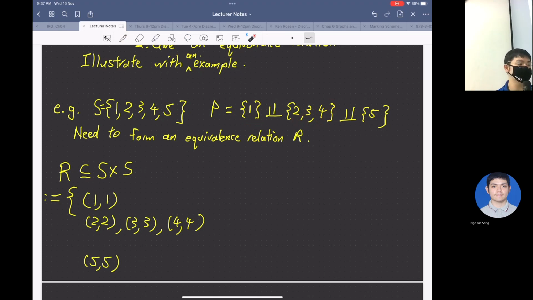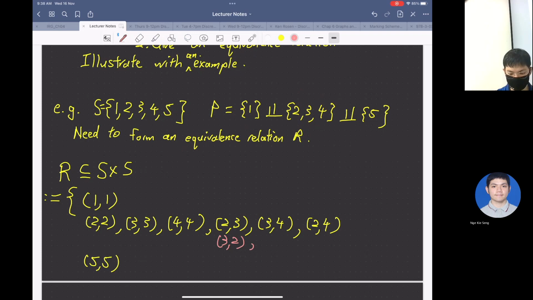The next one is symmetry. In this set where we put 2, 3, 4, that means 2 is related to 3, 3 is related to 4, and 2 is related to 4, right? But if (2,3) is in the set, (3,2) also needs to be in the set so that your relation is symmetric.